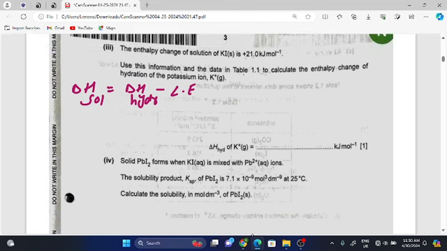The enthalpy change of solution is given as 21, so I can put 21 equal to hydration energy minus lattice energy.